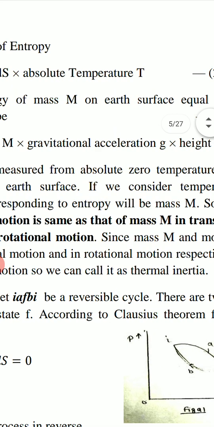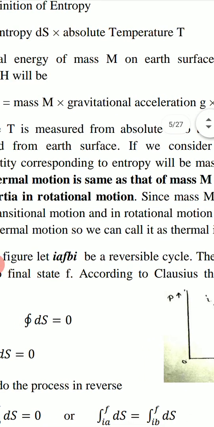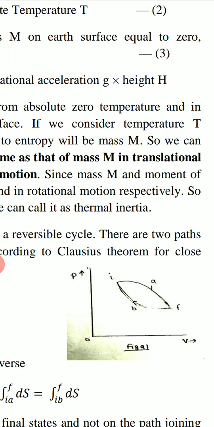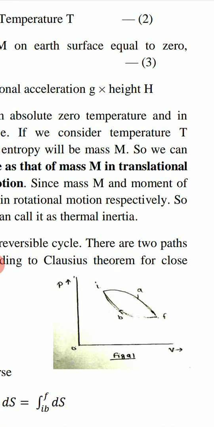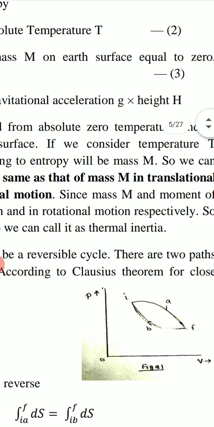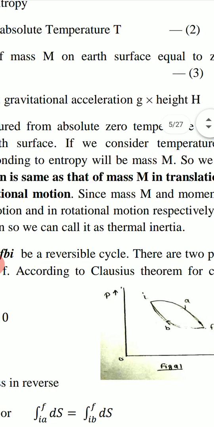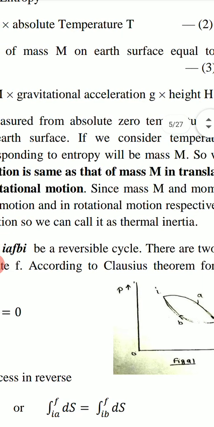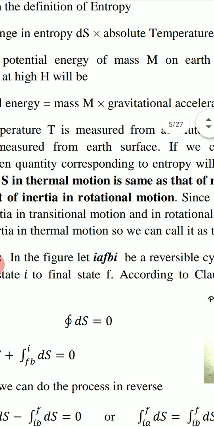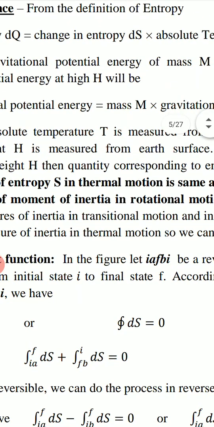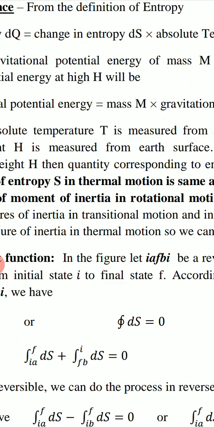Similarly, in relation 3 we have this height h corresponding to this temperature, because height h here is measured from a fixed level, that is level of Earth's surface. So in these two equations, absolute temperature T is corresponding to height h. Then this change in entropy will correspond to mass m.